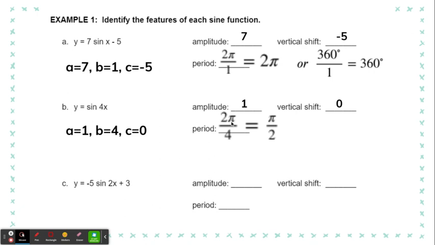I have 2 pi. 2 pi cut into 4. If I reduce, 2 over 4 is 1/2. So 1/2 of a pi, or pi halves. Now if you change this to degrees, 360 degrees cut into 4 equal parts is exactly 90 degrees. So it's going to start and finish within 90 degrees. Okay? All right, last one.